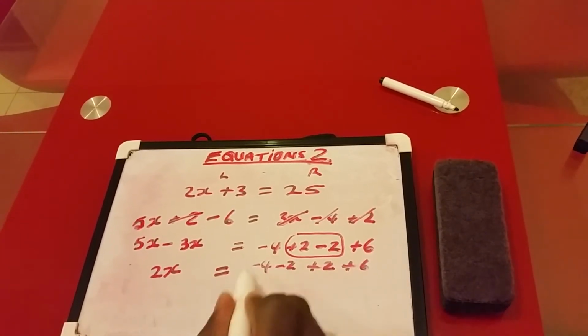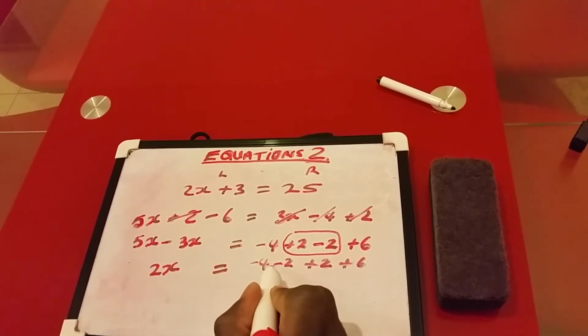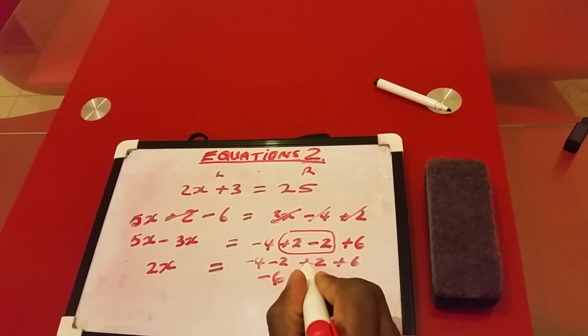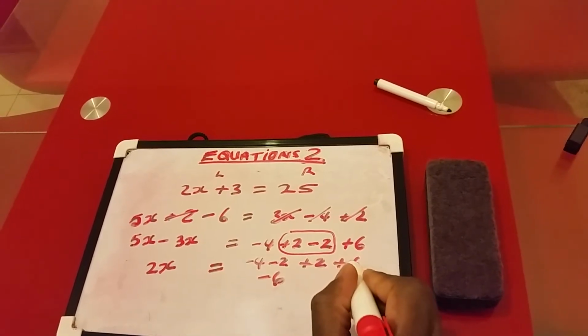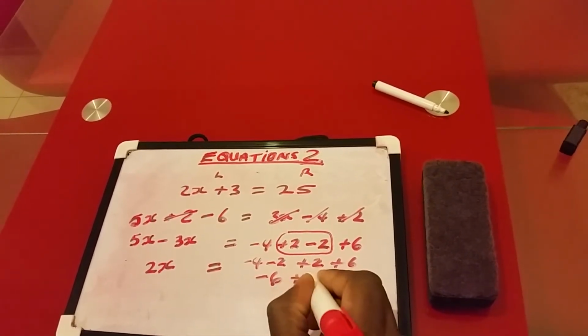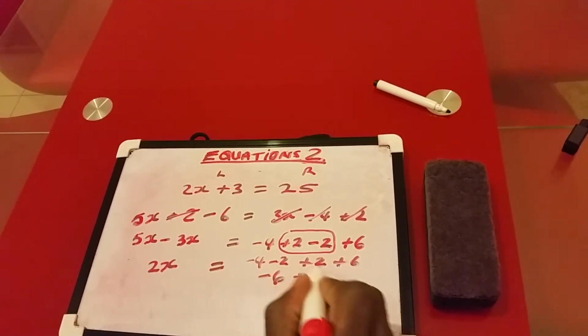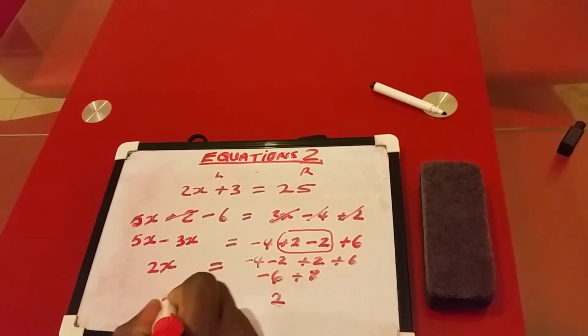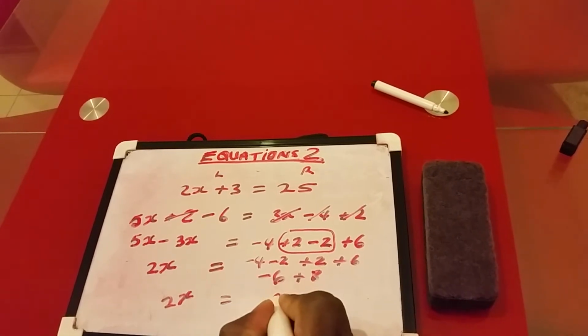Then minus 4 minus 2 is minus 6, and positive 2 plus positive 6 is plus 8. Then we take away, which gives us 2. So 2x equal to 2.